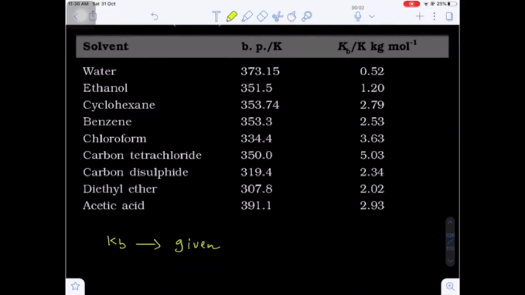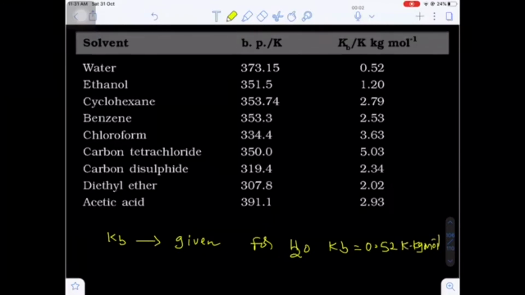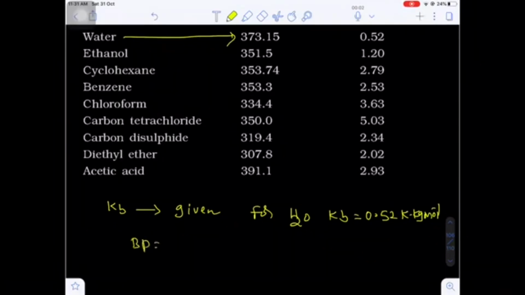In most questions the Kb value is given; otherwise, with the other data, we have to find the Kb value. For water, the Kb value is 0.52 Kelvin kg per mole, so this is valuable information. We know the boiling point of water is 100 degrees Celsius.